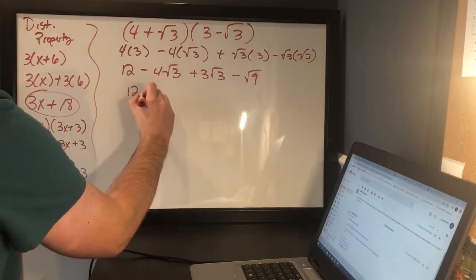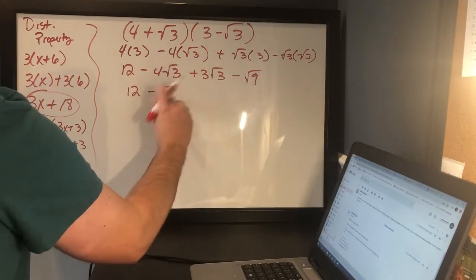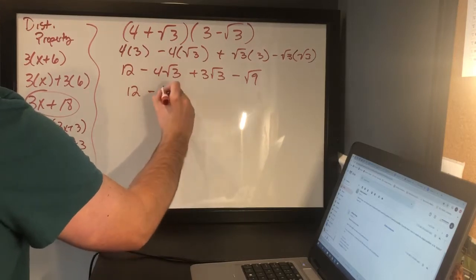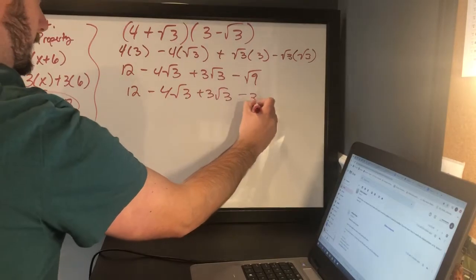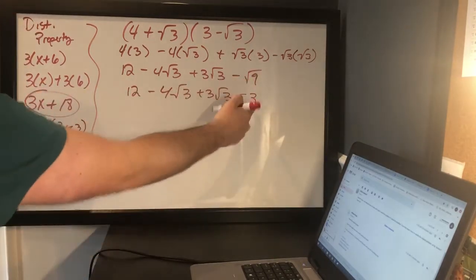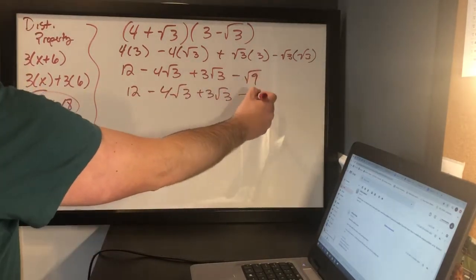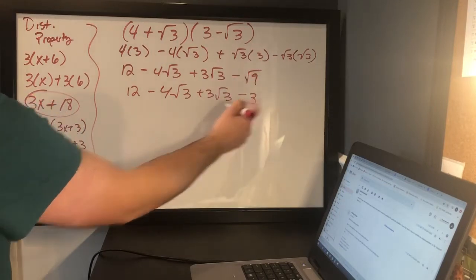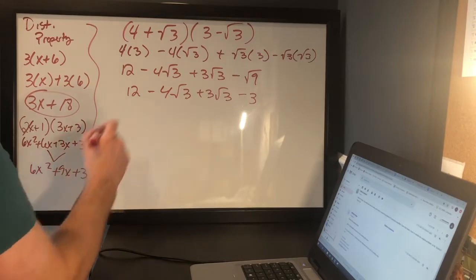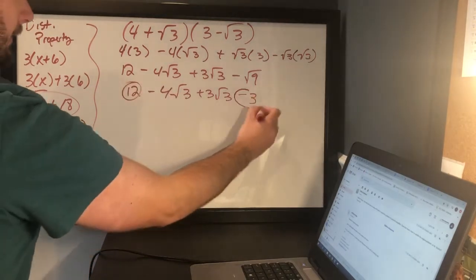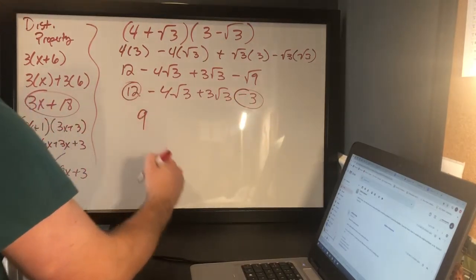Next step, again, I'm going to write out each step, so you guys can see. I simplified that to this, right? Because the square root of 9 is 3, we have the subtraction, so it becomes minus 3 right here. Now let's combine like terms. We have a 12 minus 3, which is 9.